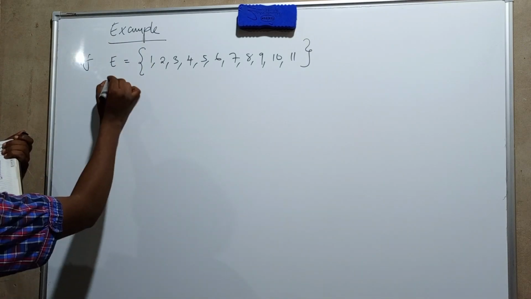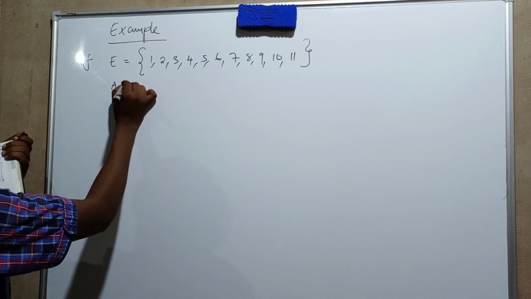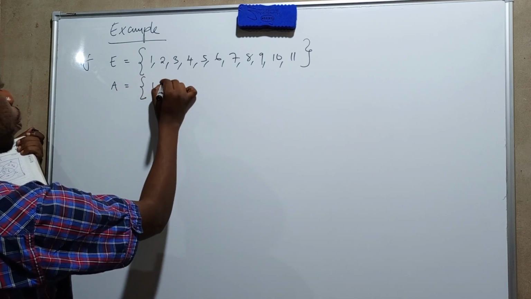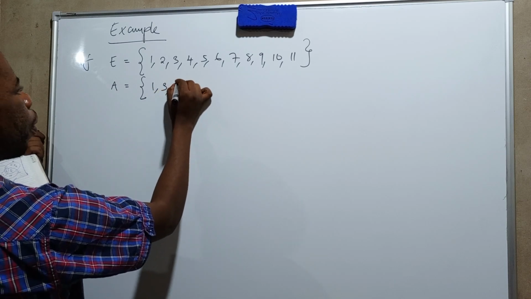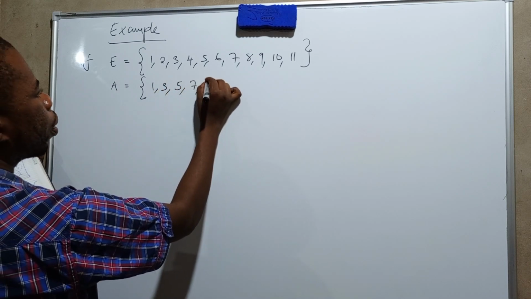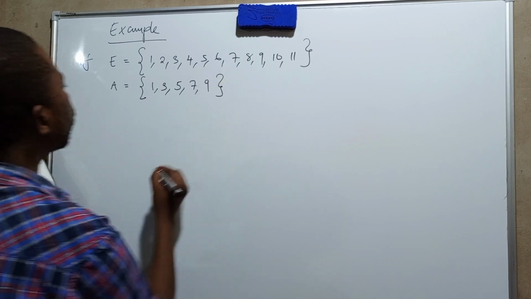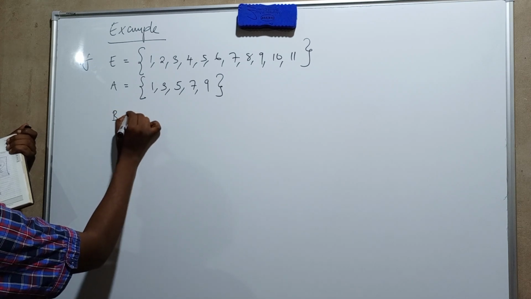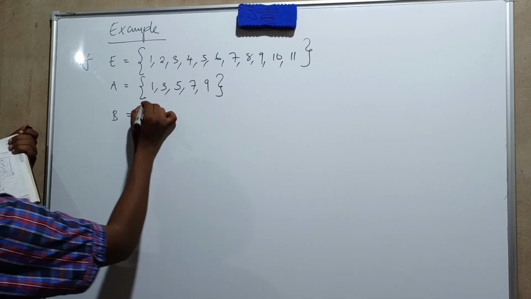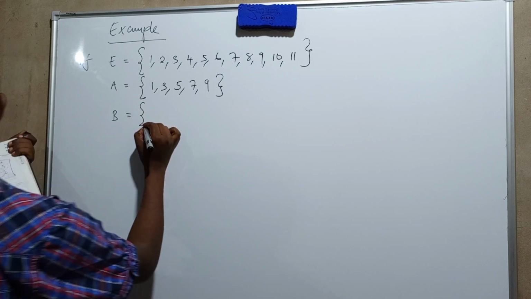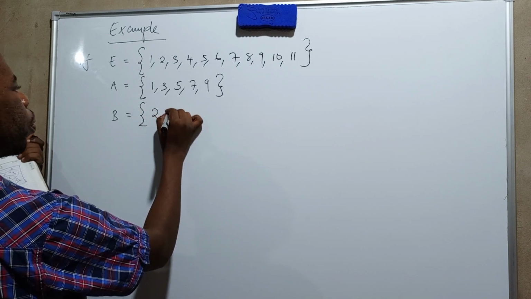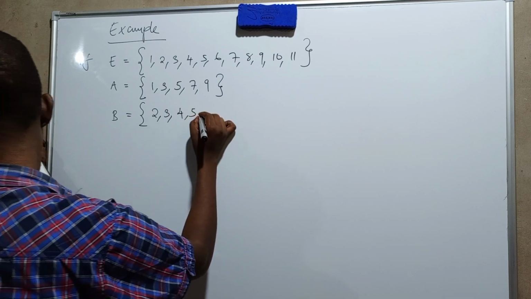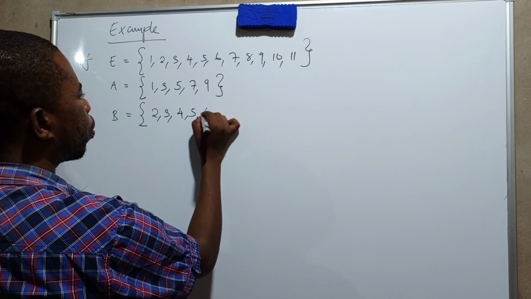Then we have also set A, which has 1, 3, 5, 7, 9. Then you have another one which is B, which has elements 2, 3, 4, 5, 6, 8.